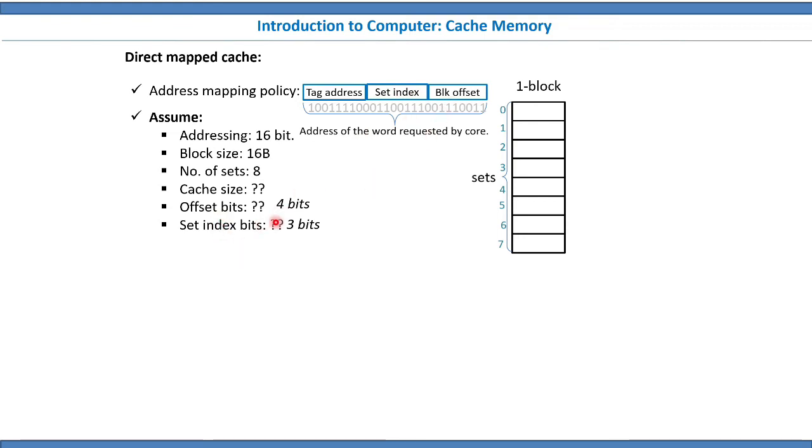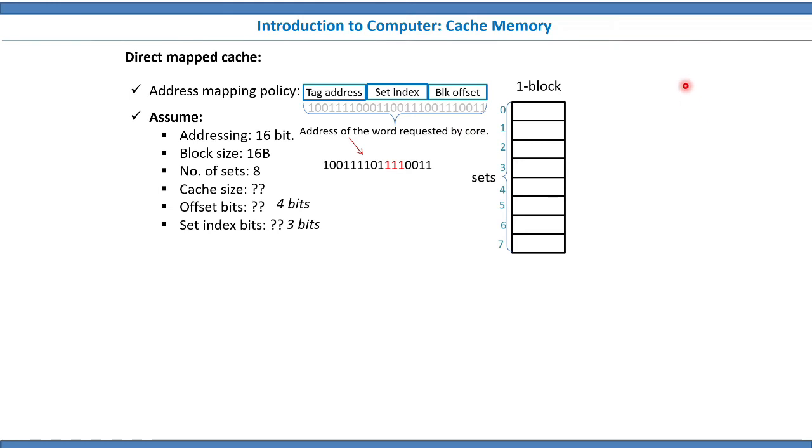What is the offset? If the block size is 16, then 4 bits are required. So this is called offset. In this particular case, the block offset of this address is 4 bits. Set index will be 3 bits, and the remaining is called the tag address. Suppose this is the address of a word requested by a core. As in the previous slide, I said core is requesting for A.